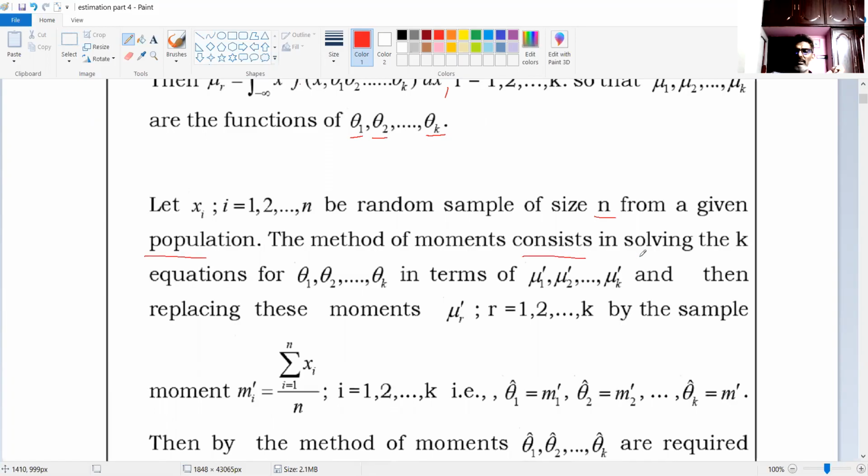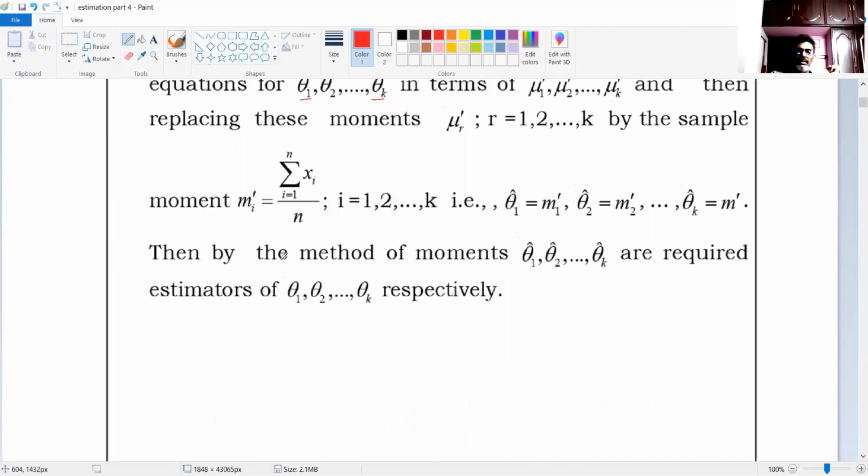The method of moments consists in solving the k equations for theta 1, theta 2, ..., theta k in terms of mu 1 dash, mu 2 dash, ..., mu k dash, and then replacing these moments mu r dash, r equal to 1 to k, by the sample moments m r dash equal to summation x i power r by n, that is, m 1 dash equals summation x i by n, m 2 dash equals summation x i squared by n, m 3 dash equals summation x i cubed by n, up to k.